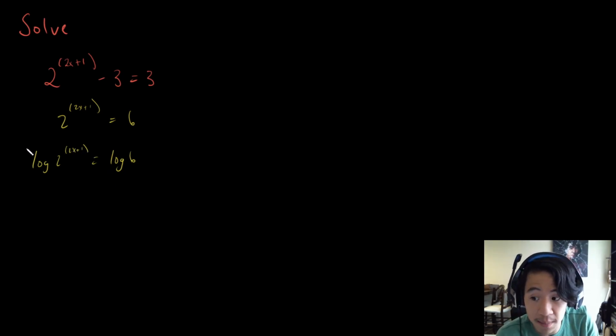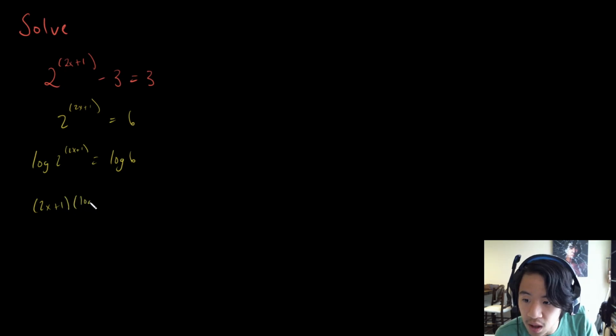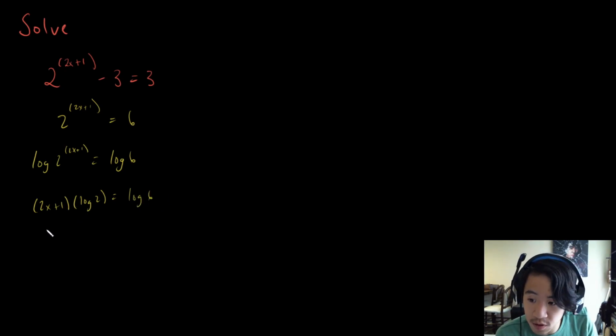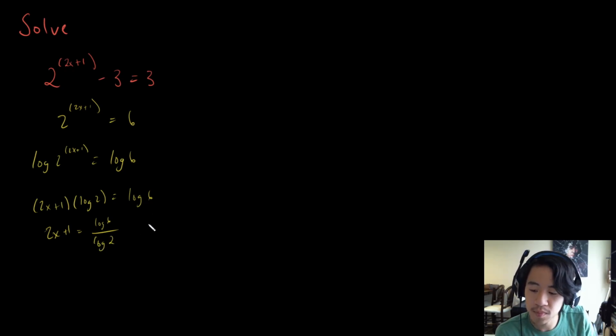Now, step 2, use our power property. On the outside, we'll have 2x plus 1, times log of 2, is equal to log of 6. Now divide by log 2 on both sides. So we're here with 2x plus 1 equals log of 6 over log of 2. Then we just have to subtract 1.